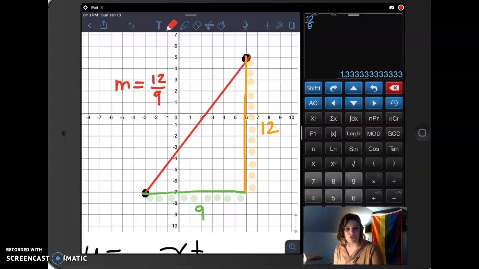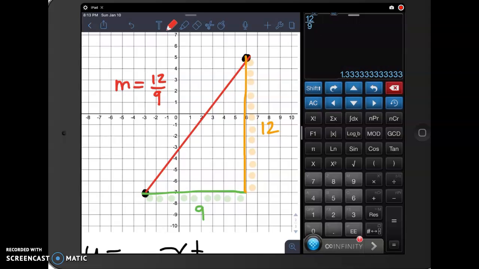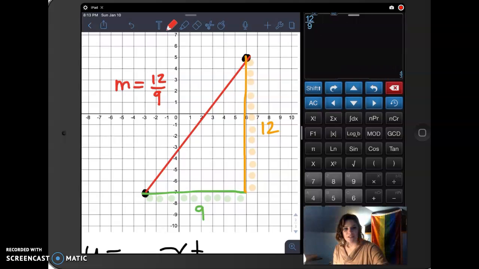All you need to do is press the fraction button, the convert fraction button. And it says 4/3 because 12 and 9 can both be divided by 3. 12 divided by 3 is 4. 9 divided by 3 is 3. All right, so we have 4/3.